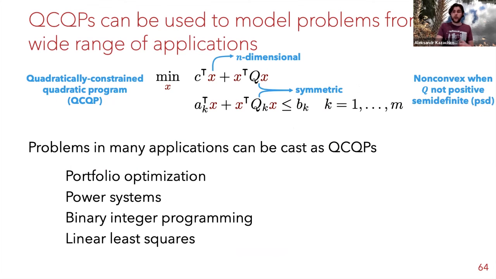If Q is not positive semi-definite, this thing can be non-convex, and therefore it's a very challenging problem. And it's used in a variety of applications. You can even encompass binary integer programming in there, but it has applications to portfolio optimization, power systems, solving linear least squares problems, and so on.